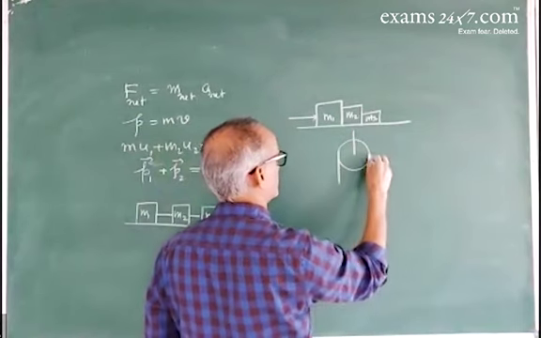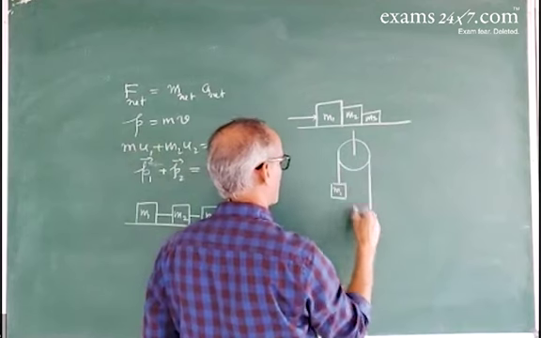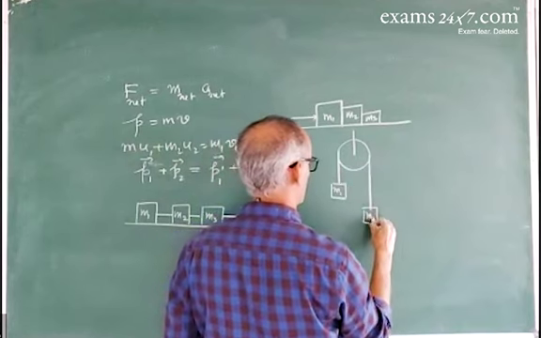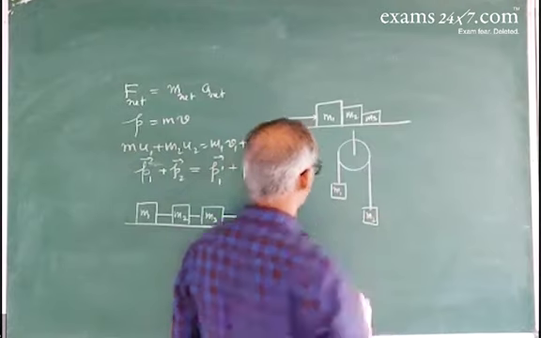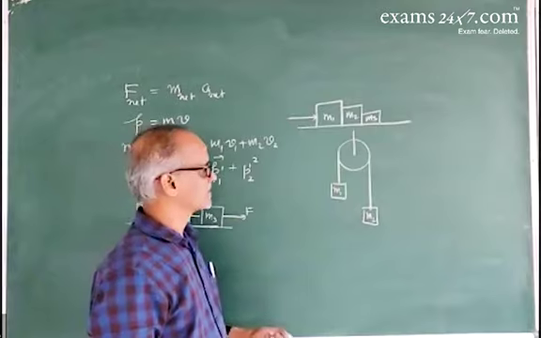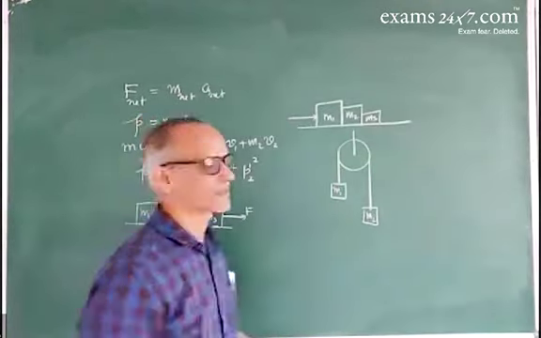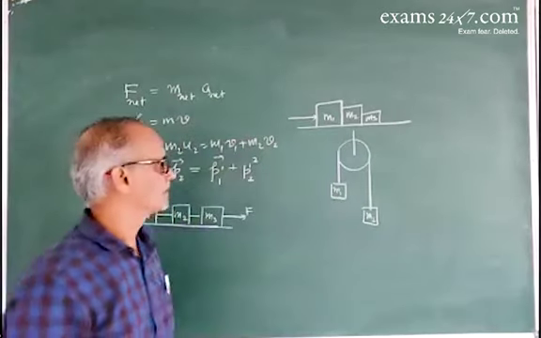Frictionless light pulley over which two bodies are suspended with the help of a string: what is the tension in the string, or with what acceleration do they move? So this kind of free body diagrams are important.